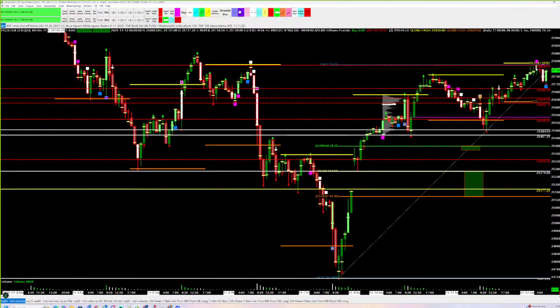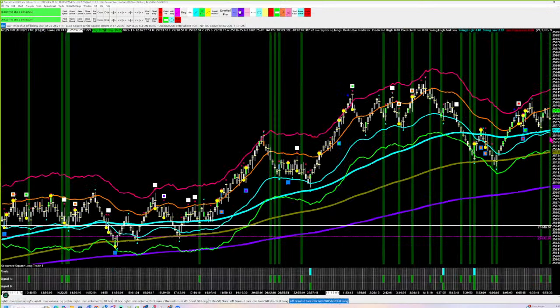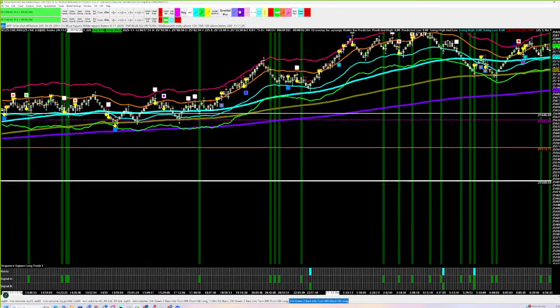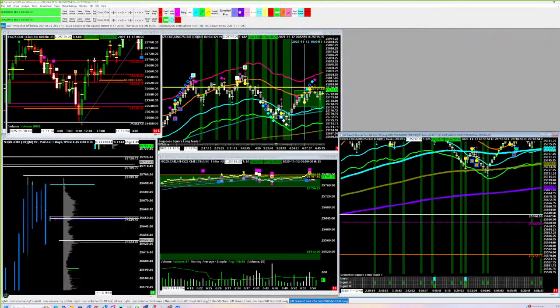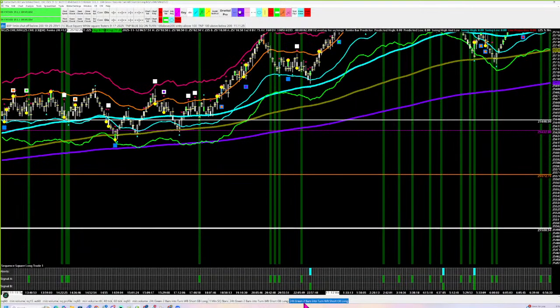Okay, so what I end up with is a chart that probably looks like a cluster at this point. Let's do this. Does this one have it?